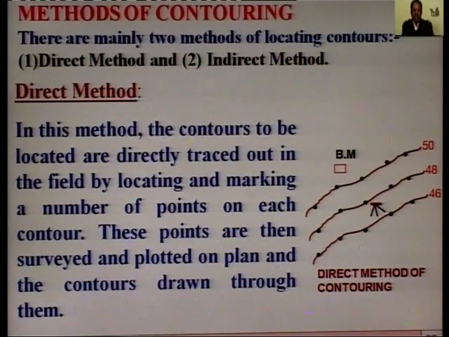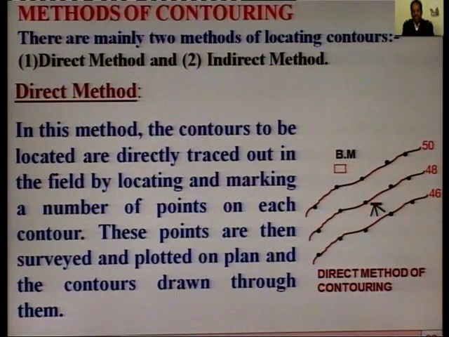In this method, the contours to be located are directly traced out in the field. That is, they are traced out in the field directly by locating and marking a number of points on each contour physically. We mark and locate every point on a contour line physically.